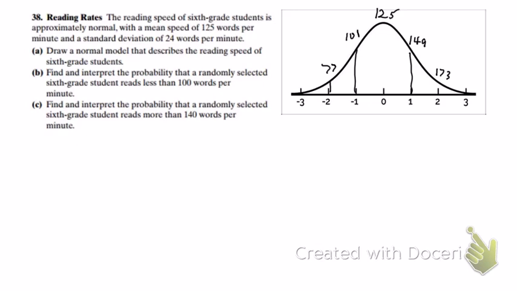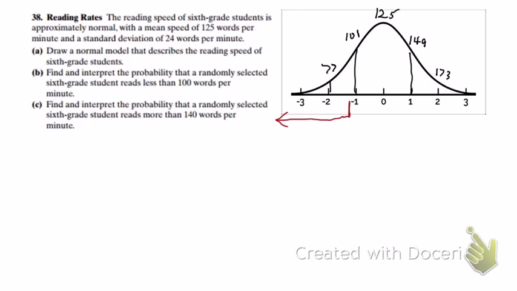Find and interpret the probability that a randomly selected 6th grader would read less than 100 words per minute. So what we're after, I'm going to pull somebody's name out of a hat that's a 6th grader. What's the probability that kid reads less than 100 words per minute? Well, less than 100 is going to be from right in here over that way.